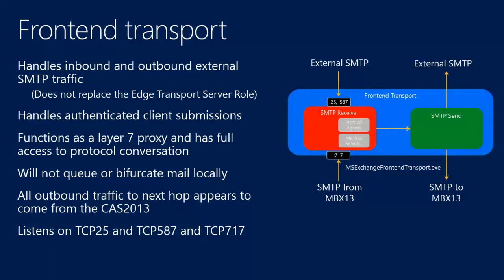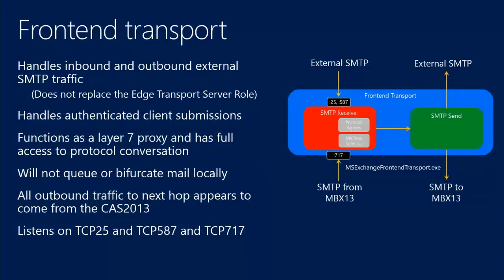The inbound for external-based connections is going to be either TCP 25 or TCP 587. If we are delivering mail from the mailbox server, so the mailbox server is attempting to deliver mail out to outside the organization, you have to configure that. Out of the box, it doesn't occur. You have to set on your send connector the front-end proxy enabled bit for that particular Active Directory site.